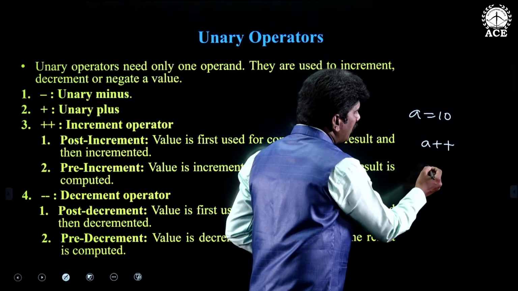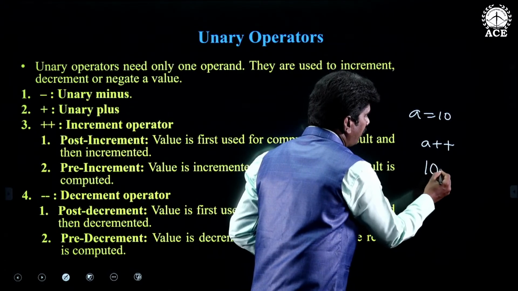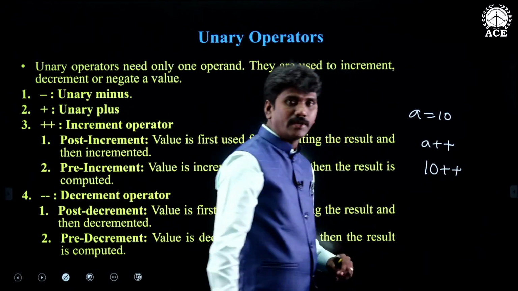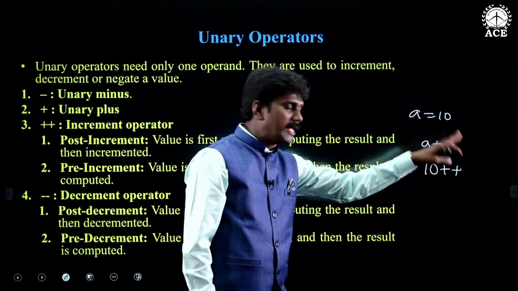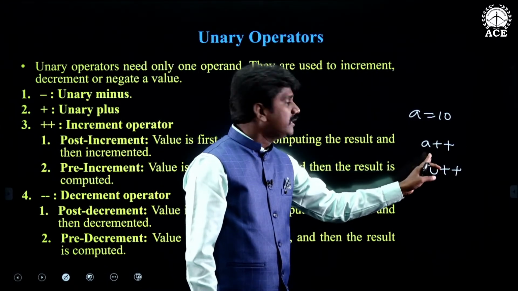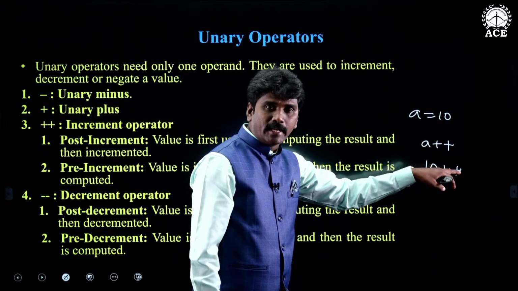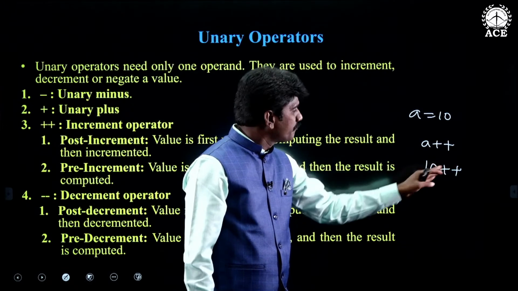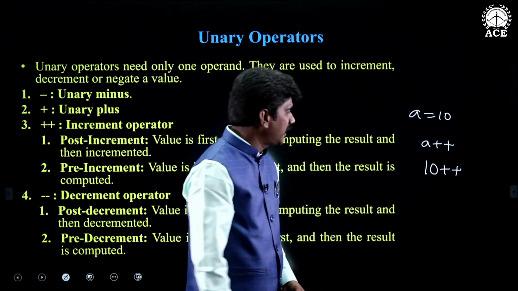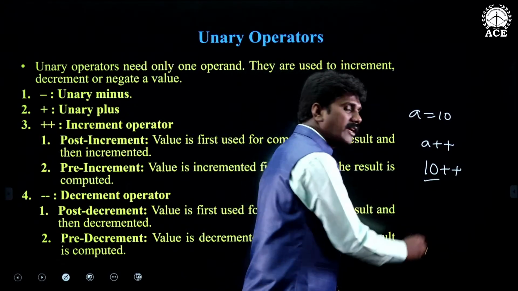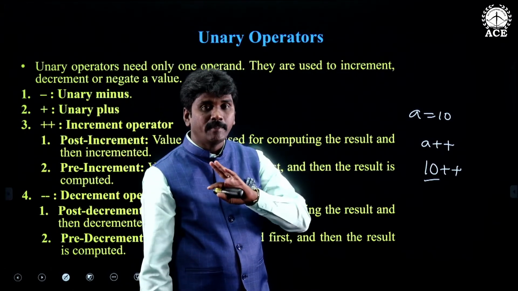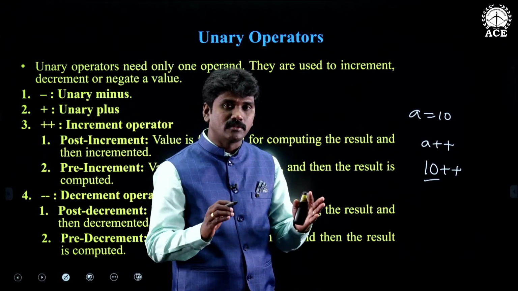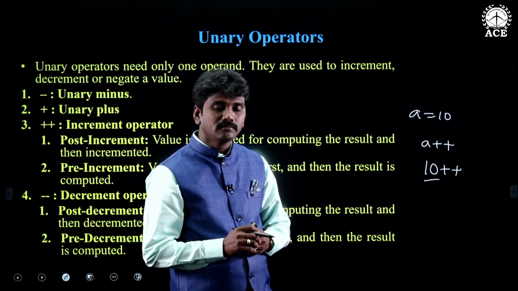And then, for example, if I take 10 plus plus, what is going to be done? a is the variable, so if we apply a plus plus, the increment is going to be done and the value is going to be 11. In the case of 10 plus plus, instead of the variable, we are using a constant. So the increment and decrement operator cannot be used on constants.